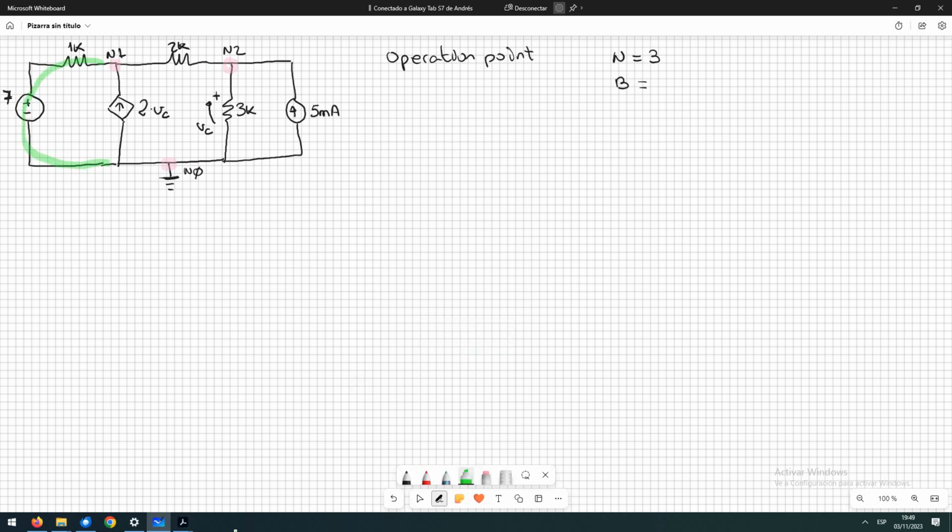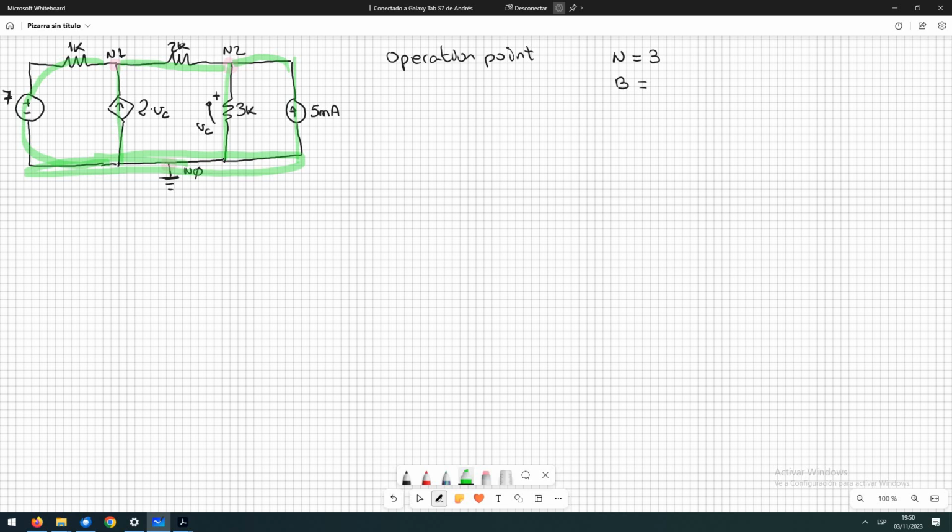one branch. You know that the branches are all the possible paths between two different nodes, and all this is node 0, okay, because there is cable in the middle, not elements. It's the same node. So we have one branch, two branches, three branches, four branches, and the fifth branch.